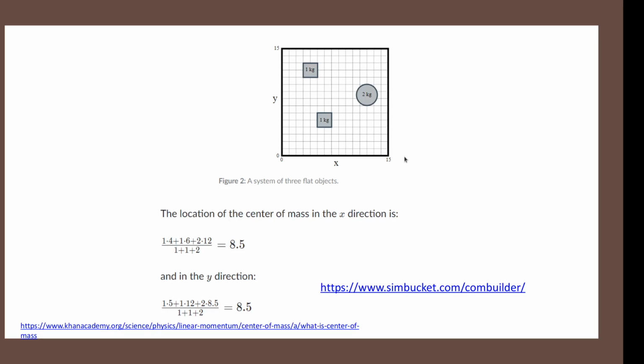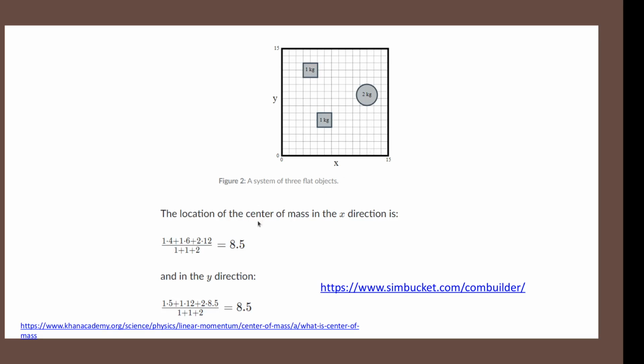For example, I have here a system of 3 flat objects: m1 weighing 1 kilogram, m2 1 kilogram, and m3 weighing 2 kilograms, and we are in the x direction. One is at 4 squares, one is at 6, and one is at, say, 12.